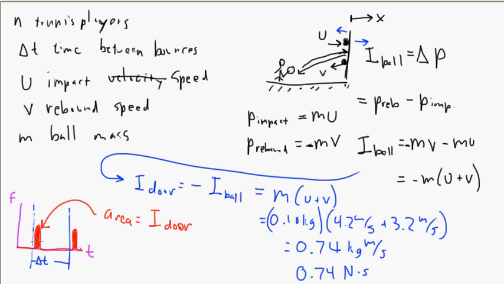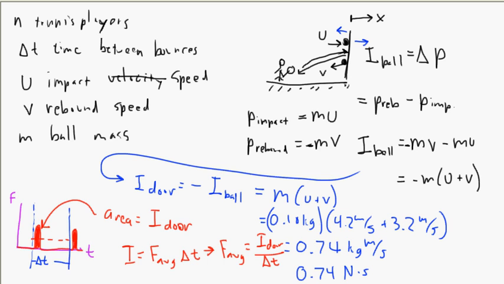So the average force over this whole period of time, which you can draw as a dotted line, is going to be this impulse divided by delta t, because impulse is average force times delta t. So F average is going to equal I door over delta t.